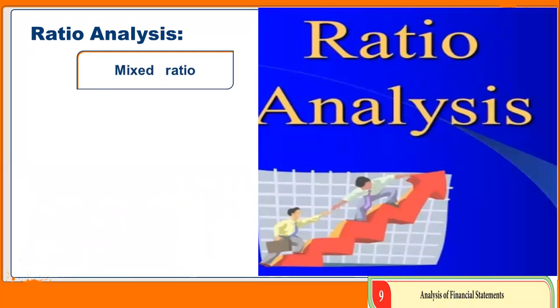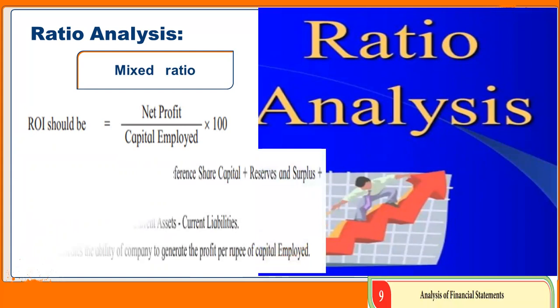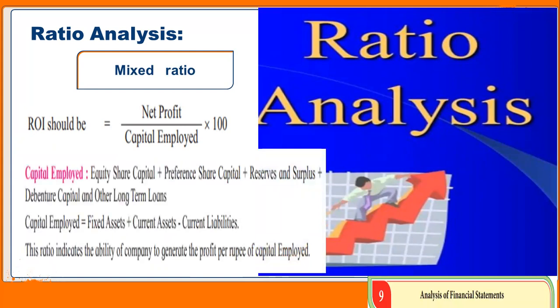The third part is mixed ratio. It measures net profit before tax and interest and capital investment. So return on investment ratio formula is equal to net profit upon capital employed into 100. What is capital employed?